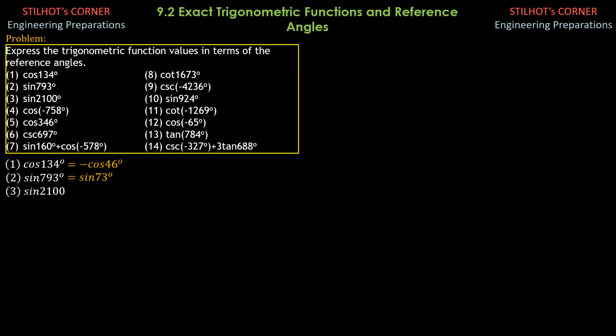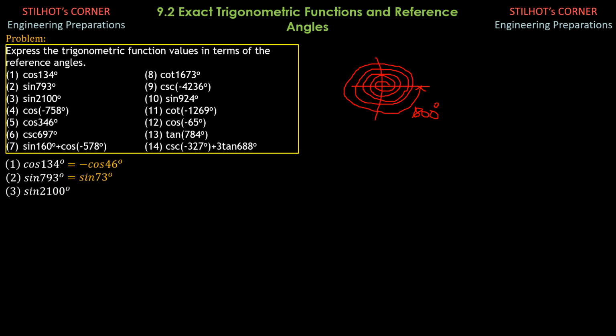2100 degrees. So 360, 5 revolutions is 360 times 5, that's 1800. So assuming this is already 2, 3, 4, 5 revolutions, that's already 1800 degrees.